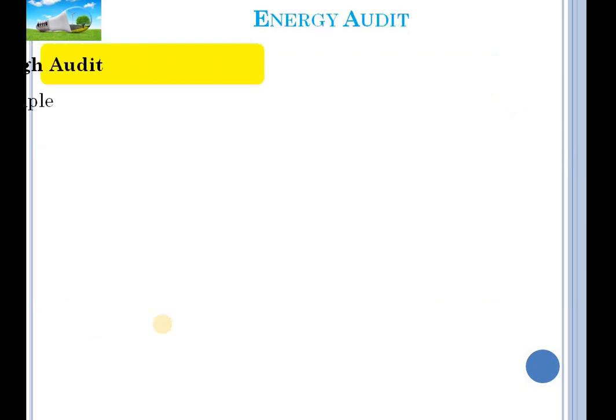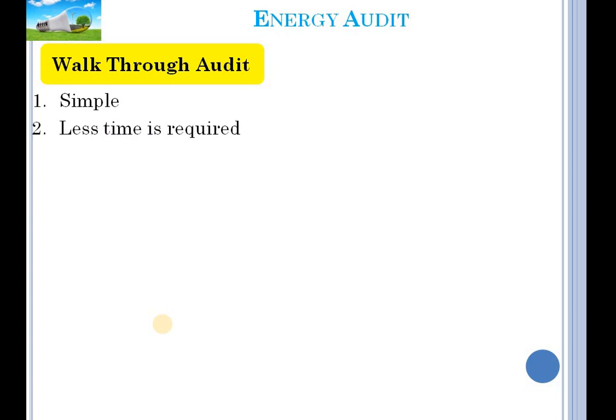Next is the difference between walkthrough audit and detailed audit. As the name indicates, in a walkthrough audit we don't go into detailed things like measuring voltage, current, power consumption and active and reactive power, which are related to electrical engineering. That is not actually measured or calculated, so it is not a detailed audit.